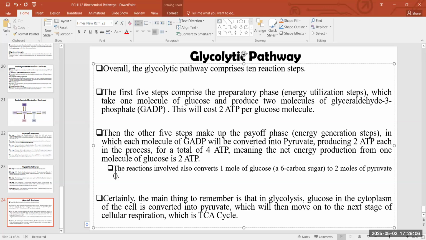Pyruvate is a 3-carbon compound. So you can say it is the conversion of 1 molecule of glucose to 2 molecules of pyruvate, that is, a 6-carbon compound to 3-carbon compounds. Hear me, please.